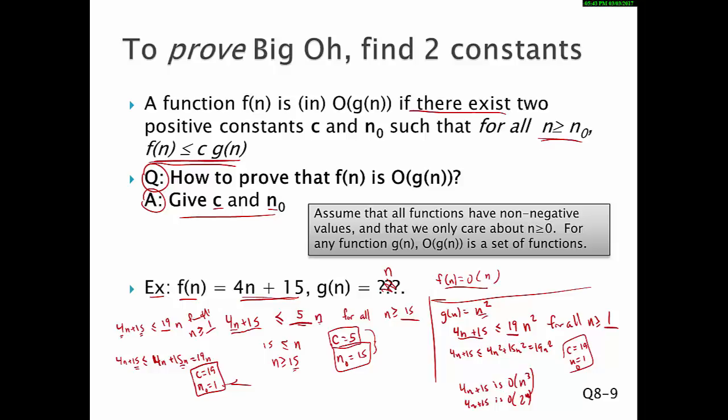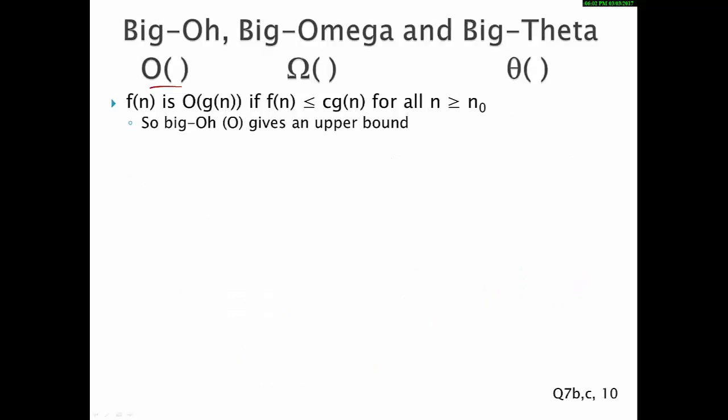So it seems like big O isn't necessarily as useful as it could be. Well, there's reasons why we use big O. We use big O when we're sure that it's less than or equal to some bound, but maybe we're not even sure if there's a tighter bound on it. So let's go ahead and introduce some others.